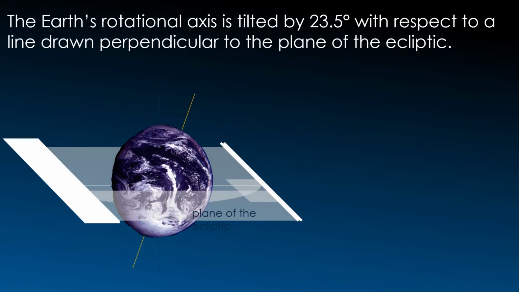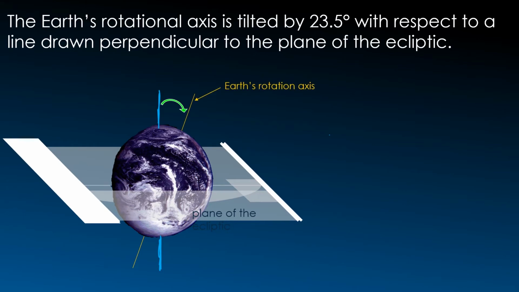Earth's rotational axis is tilted by 23.5 degrees with respect to a line drawn perpendicular to the plane of the ecliptic. So I'm going to draw a line right here. That's the plane of the ecliptic, the orbital plane of the Earth.